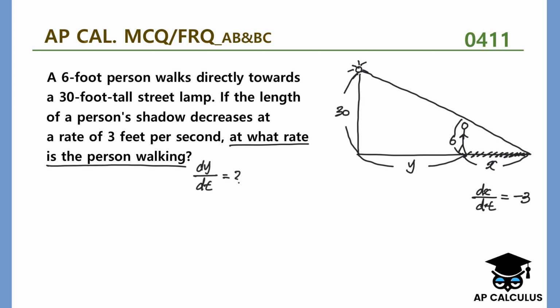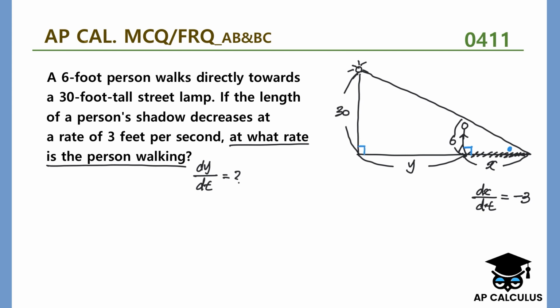That's the question. Okay, so when you look at this figure right here, we have 2 different triangles. Here a small triangle, here a big triangle, right? And do you guys see that they are similar to each other? Because they are sharing this angle right here, and here we have a right angle, right? Right angle.